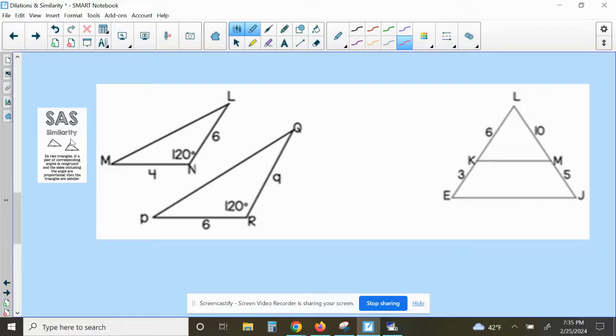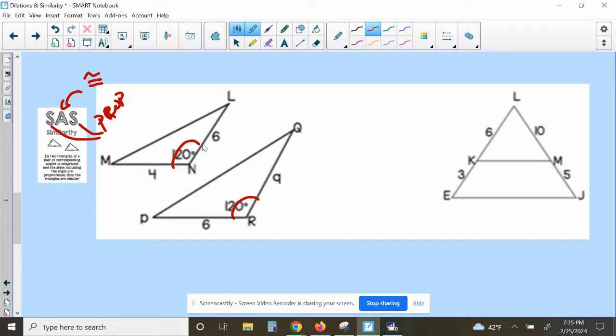Side angle side similarity. And so remember, if we have two triangles, the inside angle has to be congruent, but these two sides have to be proportional, which means they have to be equal fractions. Okay, so we do have the angle. Boom, boom. It says 120 and 120. So we do have the two angles congruent.